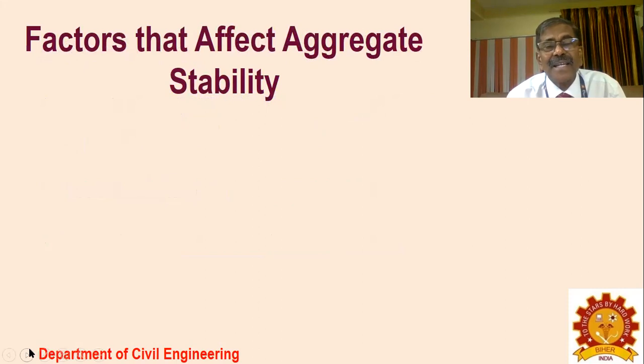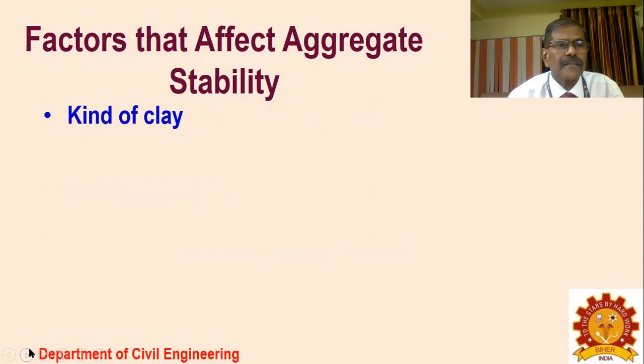Factors that affect aggregate and stability. The factors that very much affect aggregate stability are the kind of clay. What is the type of clay? A clay can contain very small materials, maybe of a flaky nature, or an angular material, or maybe a colloidal nature.